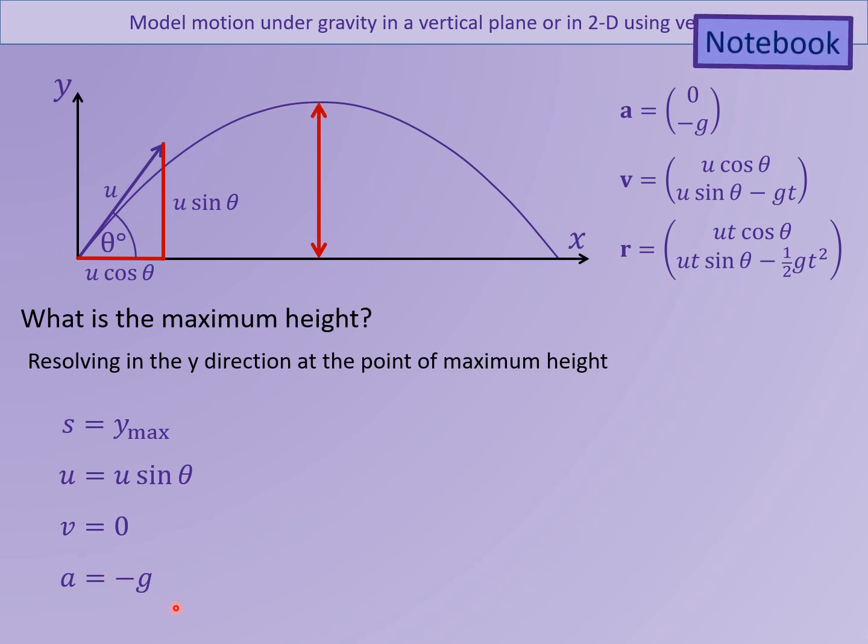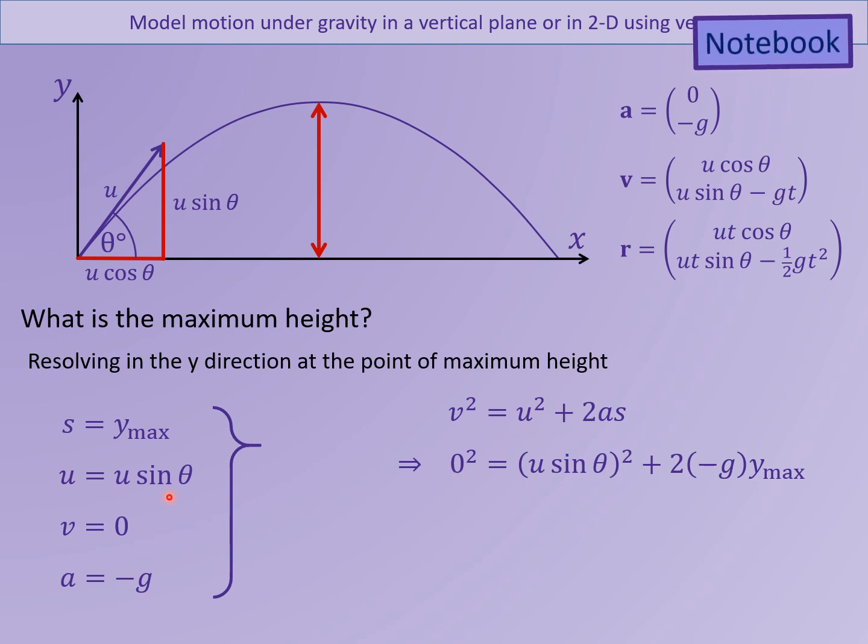So what's the Suvat equation that links these things together? It will be v squared equals u squared plus 2as. v squared is going to be 0, u squared is going to be u sine theta squared, plus 2 lots of minus g, because that's the acceleration, pulling it downwards, times s, which is my maximum y value.